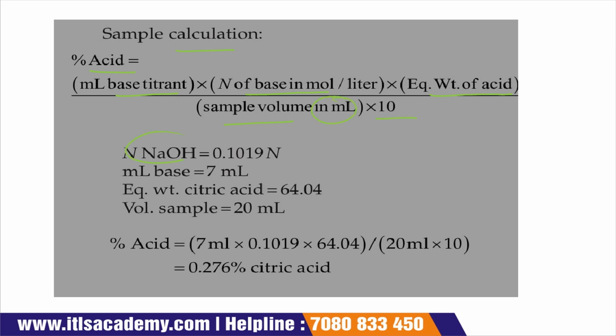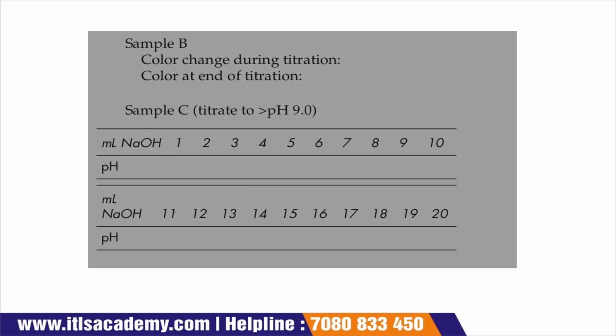Suppose that normality of NaOH is 0.1019 normal, base used is 7 ml, equivalent weight of citric acid is 64.04, and volume of the sample is 20 ml. When we put all the values into the formula, we get 0.276% of citric acid.